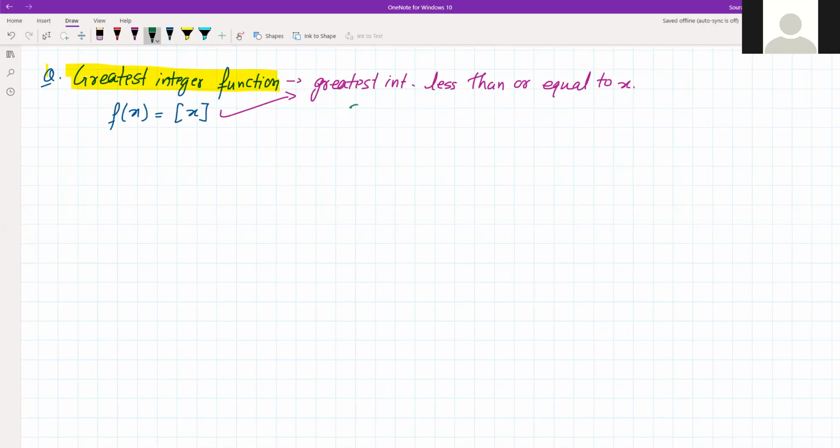Whether we understood it or not, let's check that. What will be the greatest integer function, that is, what will be its value if instead of x I am writing 3.5? Anyone who knows can answer fast. The greatest integer function of 3.5.